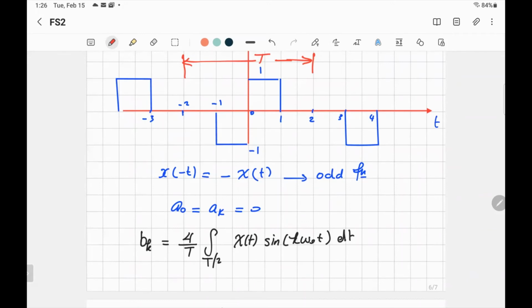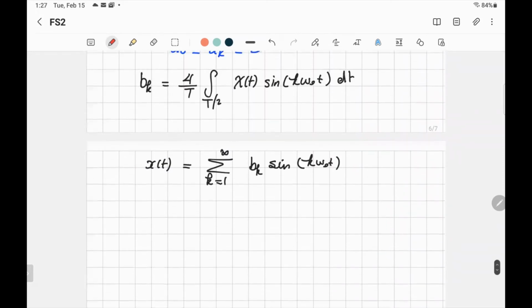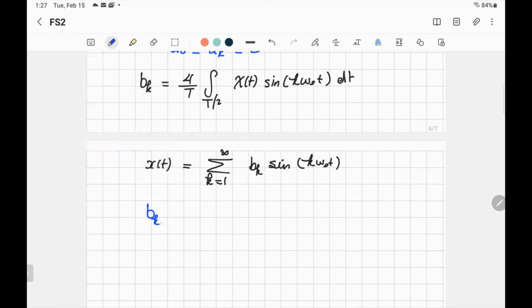Okay, so let's now find BK. That's the formula, and how to implement that? BK equals 4 over T, and T is equal to 4, so 4 over 4.